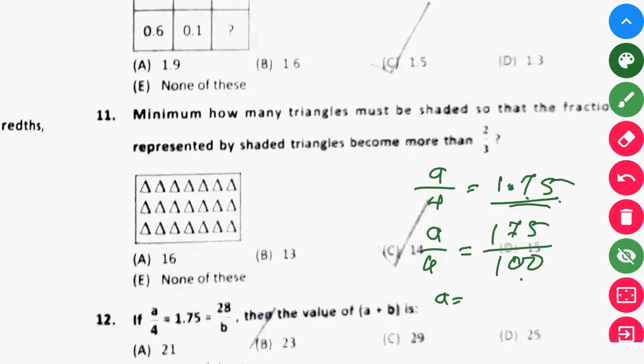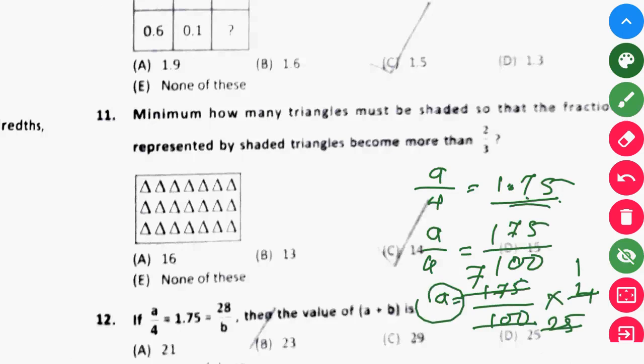Now A is equal to 175 upon 100 multiplied by 4. 4 ones are 4, 4 25s are 100, 25 7s are 175. So A is equal to 7. Now like this you can calculate the value of B and add them.